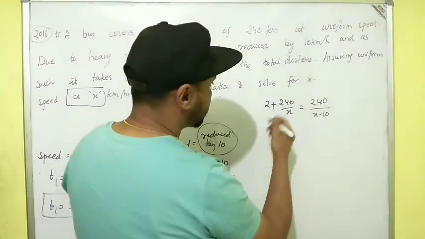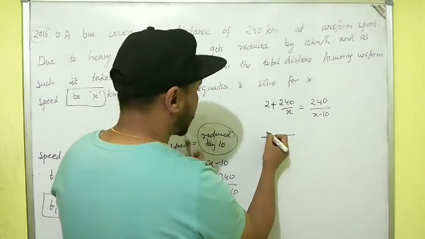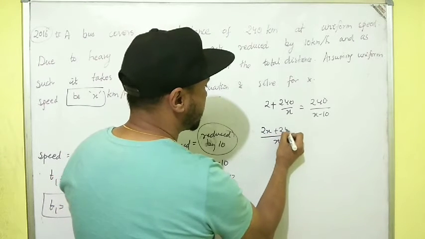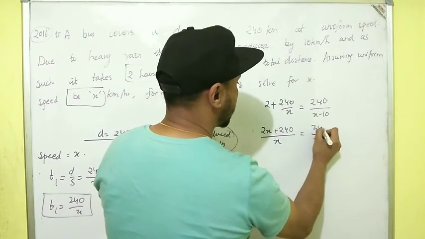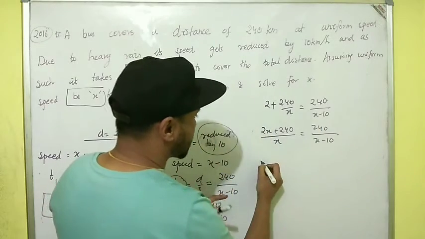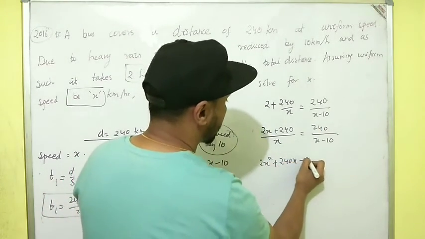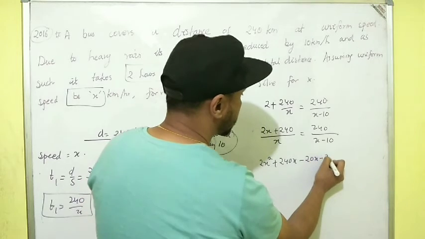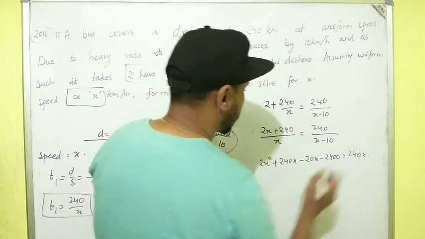Okay. Now here what we can do is take LCM x. So this is 2x plus 240 is equals to x minus 10. So this is 240. Alright. So if you cross multiply, 2x squared plus 240x minus 20x minus 2400 is equals to 240x.